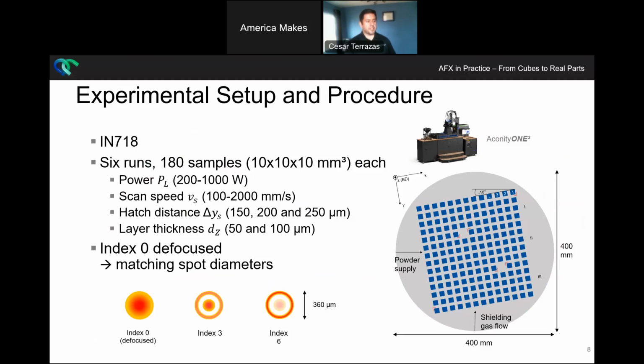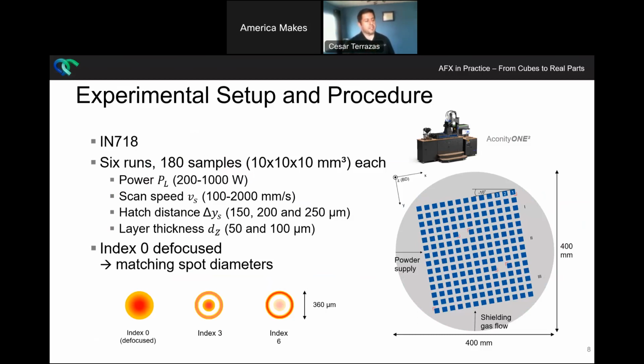There were 6 runs, in total 180 samples that were small cubes used for assessment of the microstructure. And then we also built coupons suitable for extracting tensile specimens for characterizing the tensile properties out of specific parameters.